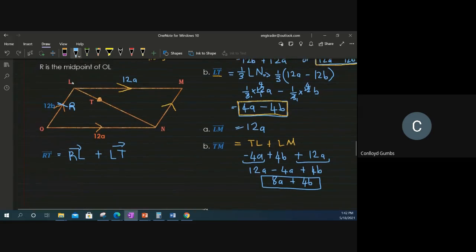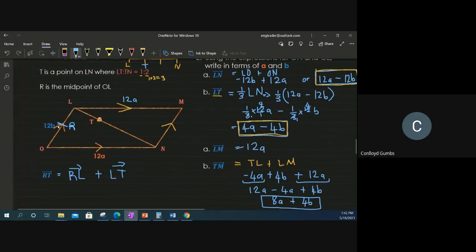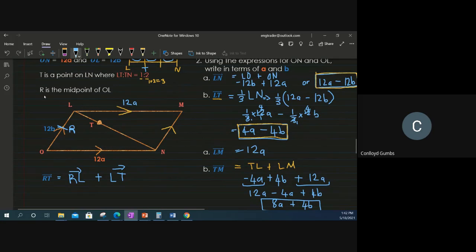Now remember, R to L is half, because we said R here is the midpoint of OL. So if that is a midpoint, we are saying O to R has to be 6B for this little piece here. And from here to L also has to be 6B.